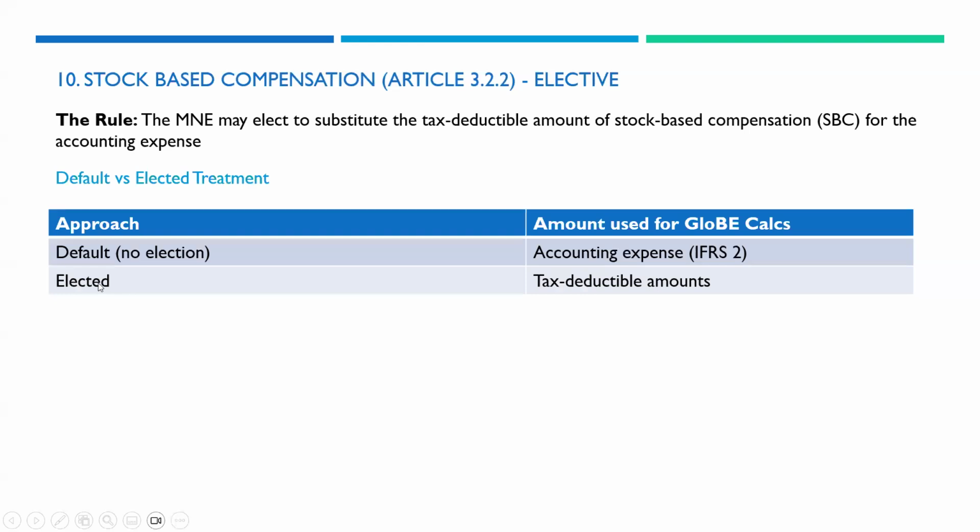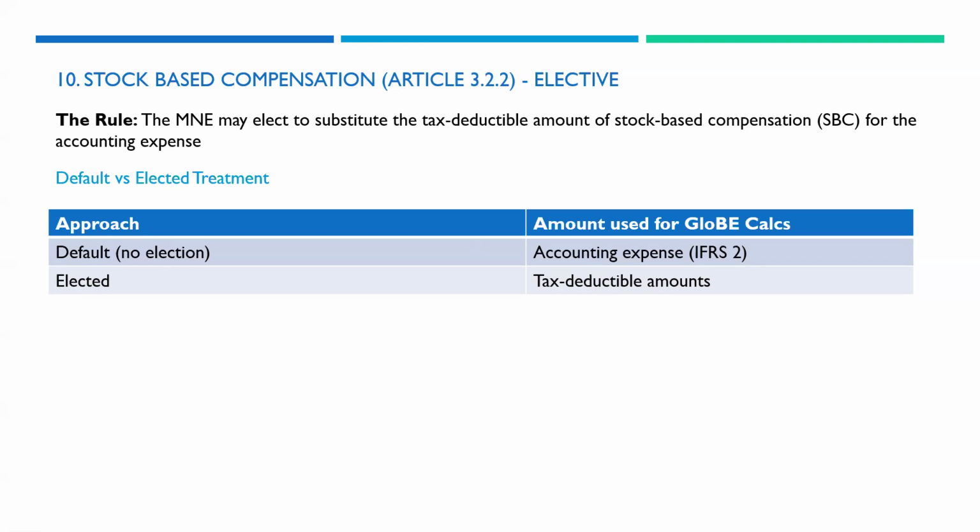I can only take the contribution, or I can take the accrual. It's an election, what I should take. Now, if I don't elect anything, then whatever is the accrual will be my expense, I won't do any adjustments. But if I elect that stock based compensation would only be on the tax deductible amount, then you have to adjust that. Clear?